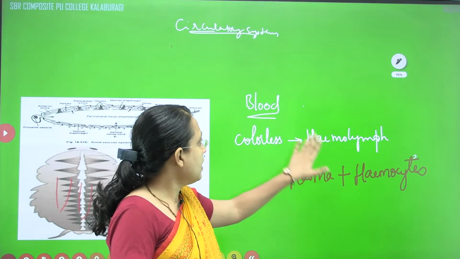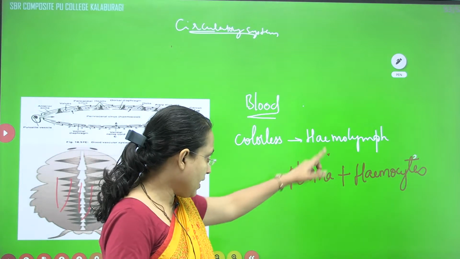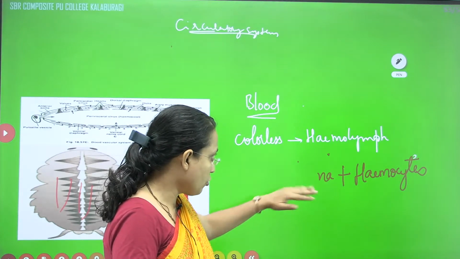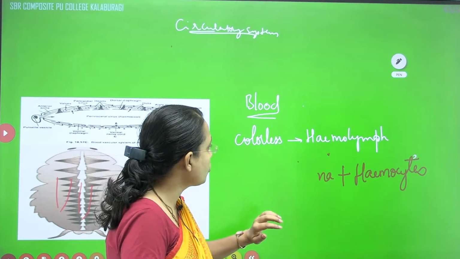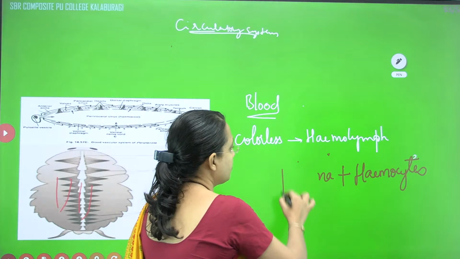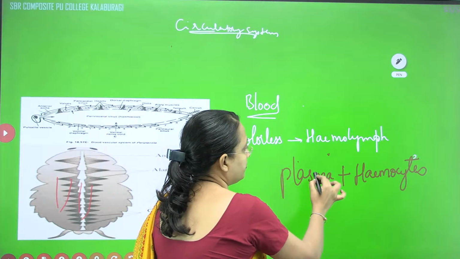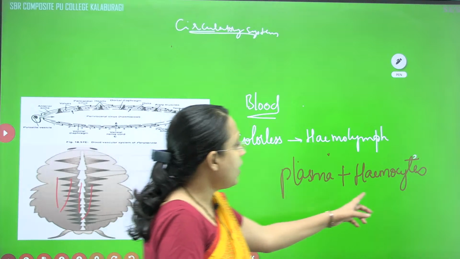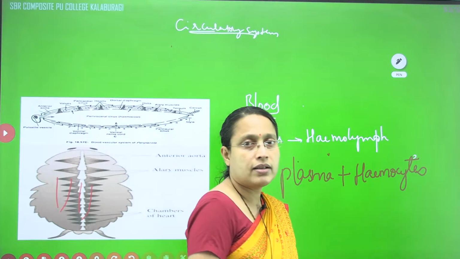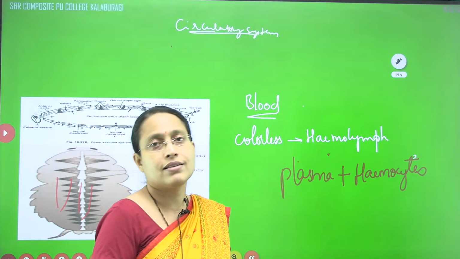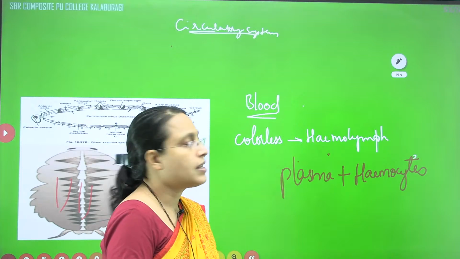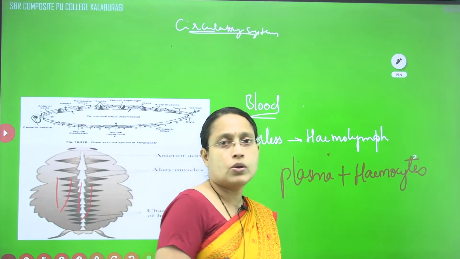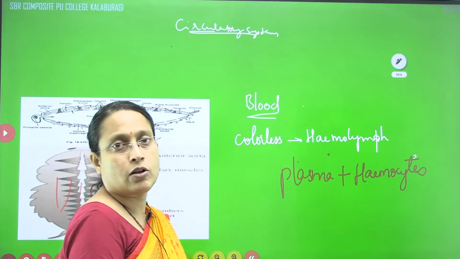It has a non-cellular portion called the plasma, and another cellular part consisting of nucleated cells called hemocytes, which in turn include proleukocytes and phagocytes, all phagocytic cells.